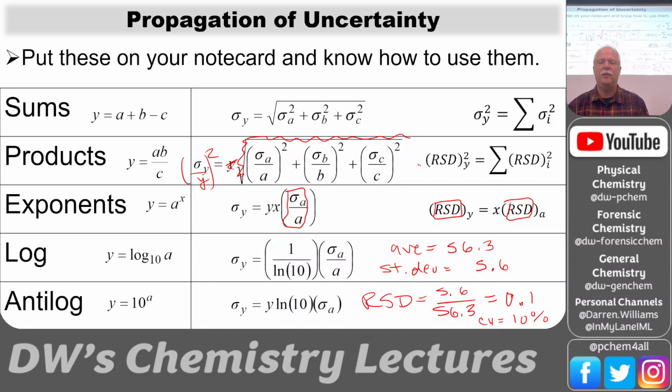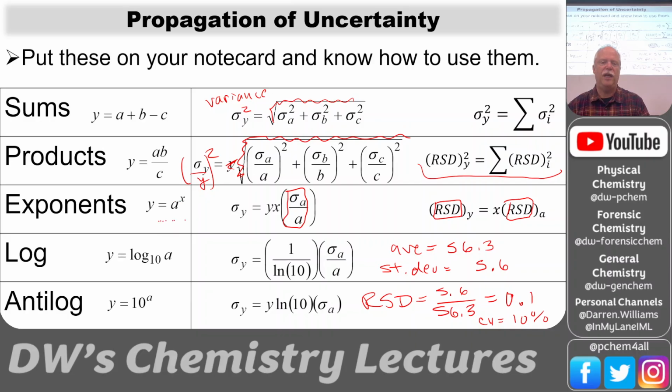That's what this simplified equation is telling us. And if it's addition and subtraction, again, if I squared both sides, I would get rid of this, and I would have the variance. This is the variance of the result, which is equal to the sum of the variances of all the things that were added and subtracted.